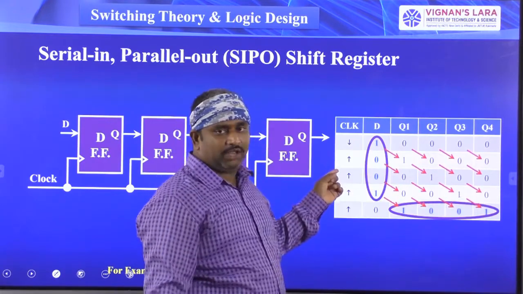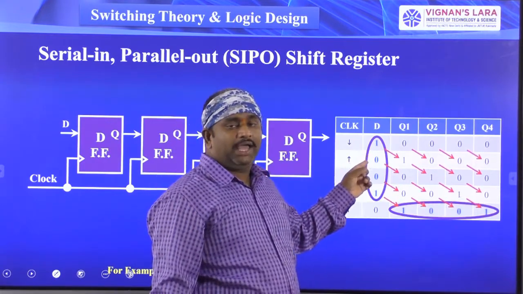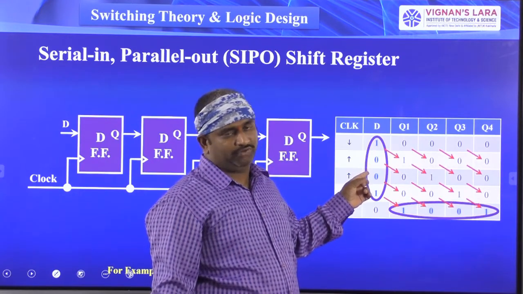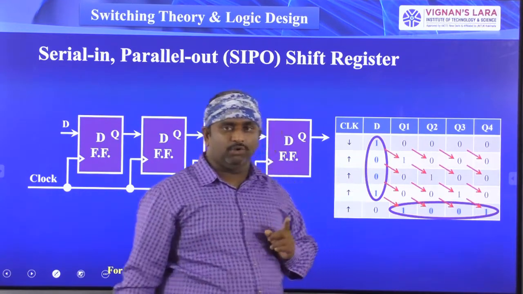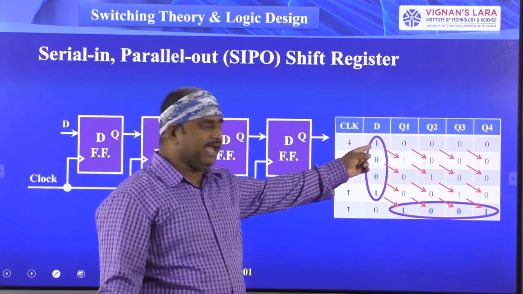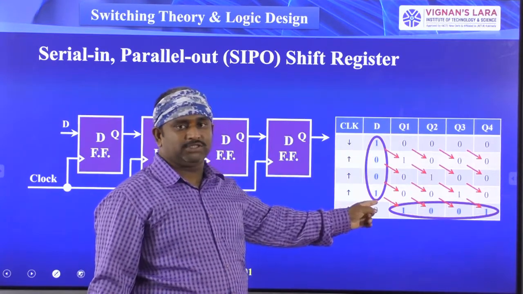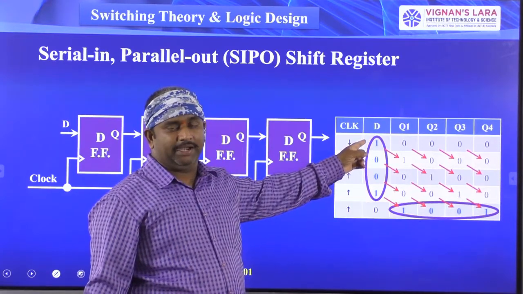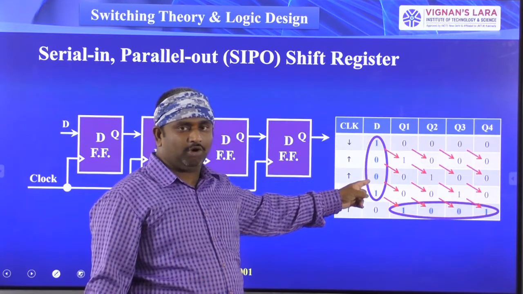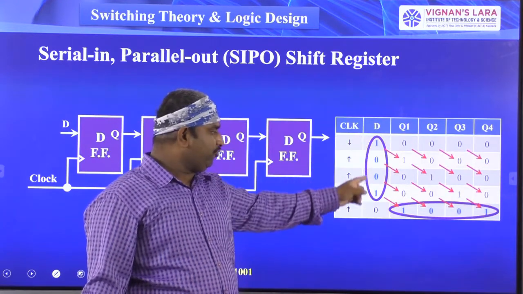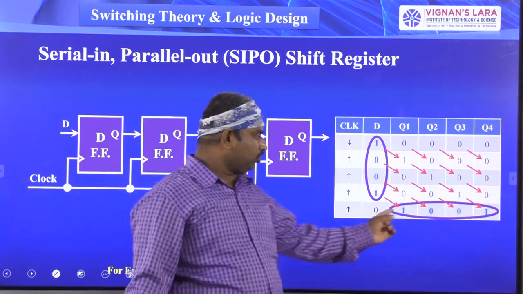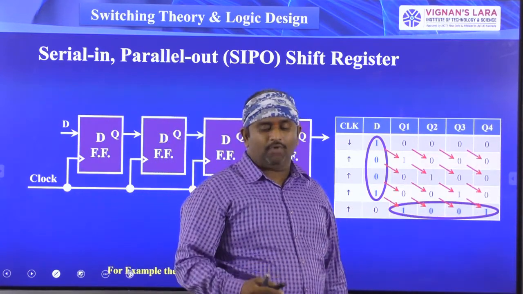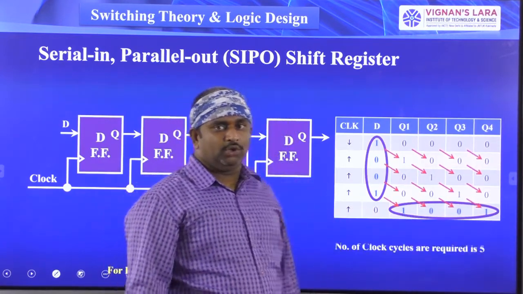So when you are giving the new clock pulse, you have to arrange your data as per your wish. So 1001 you have to give in each clock pulse. This is the LSB bit and this is the MSB bit. First you are giving the LSB bit, and then each bit combination up to the MSB. These are the 4 bits you are giving. And at the fourth clock pulse, you got the four outputs, that is 1001, here.